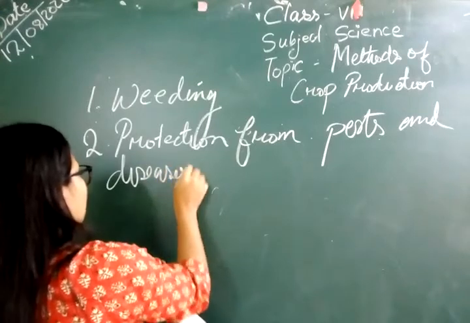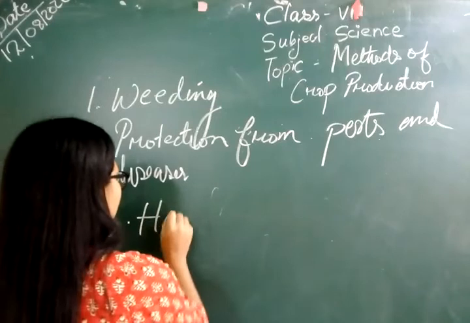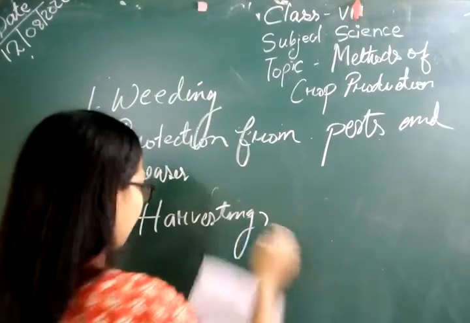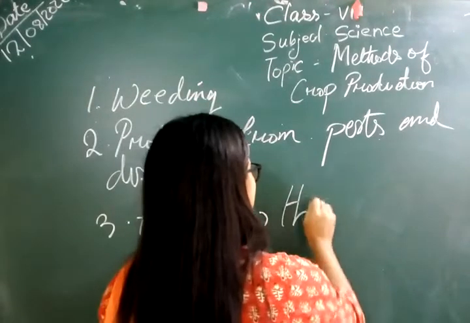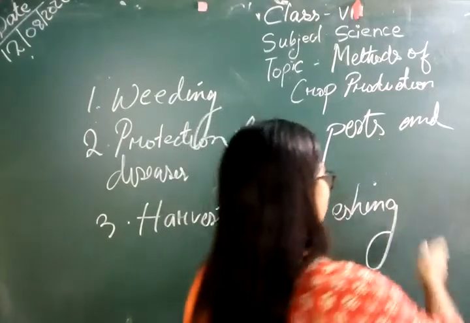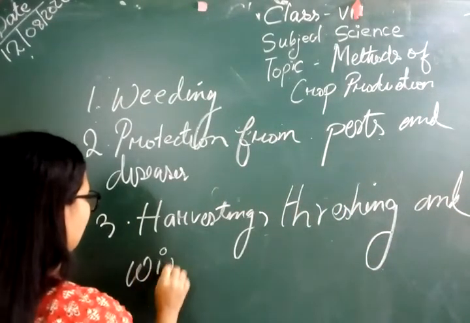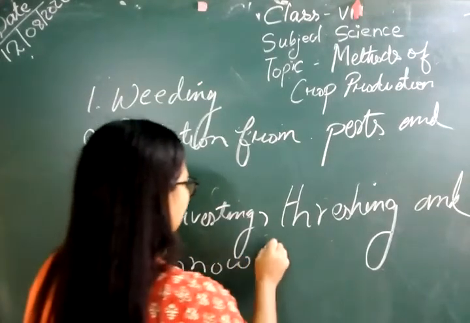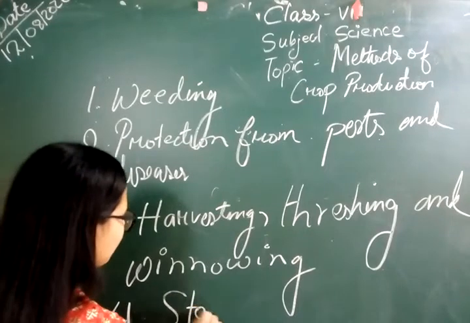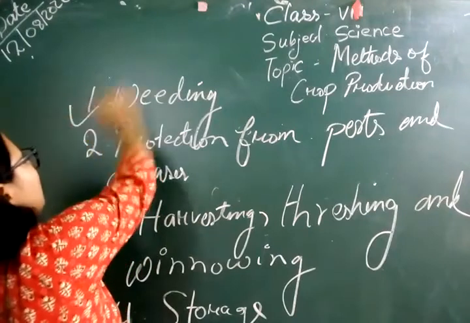And the third one is harvest, so harvesting, threshing, and winnowing. And the last one is storage. So we will be discussing first about weeding.